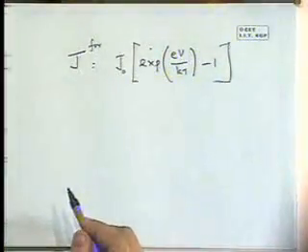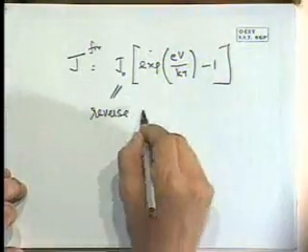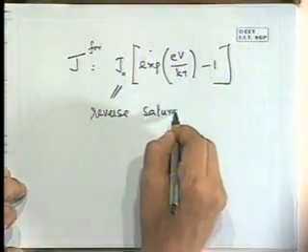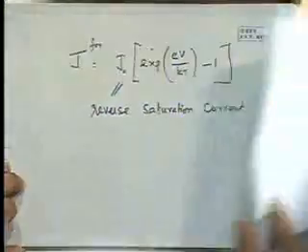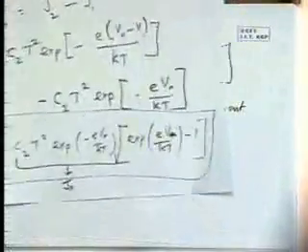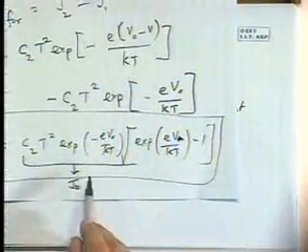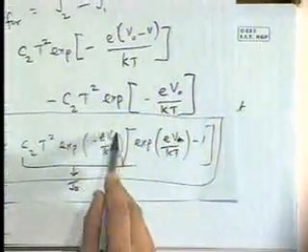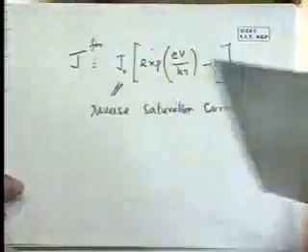Okay. This is where J naught is known as the reverse saturation current. And you can see why. Right? When it saturates, it has this value, which is simply the reverse direction saturated current value.